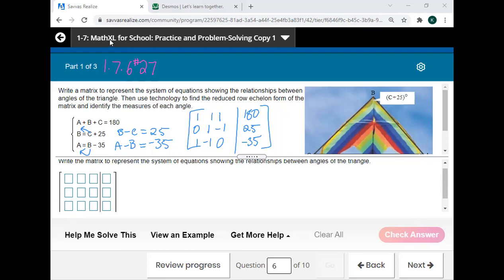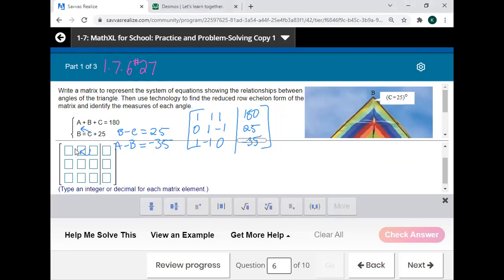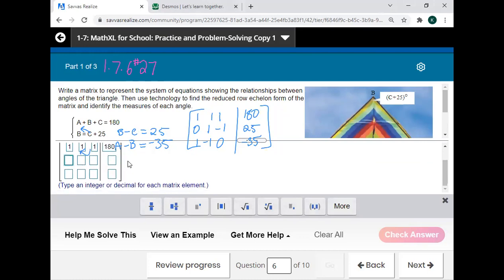So we can type that into our matrix down below here. There we go. So 1, 1, 1, and 180. And then 0, 1, negative 1, 25. Oops, that's negative 1. That one there.